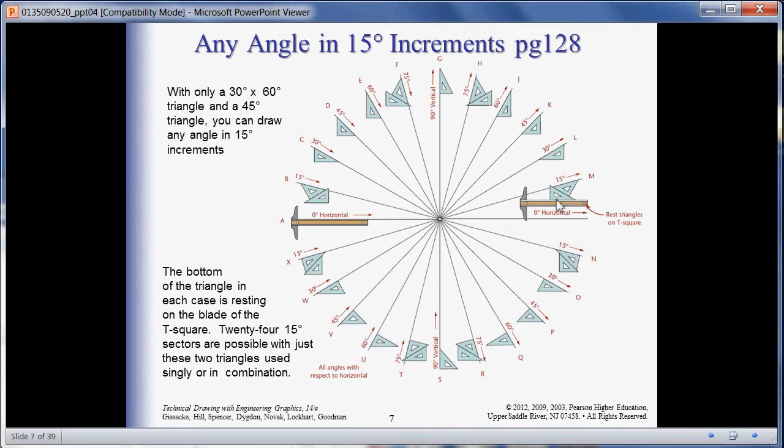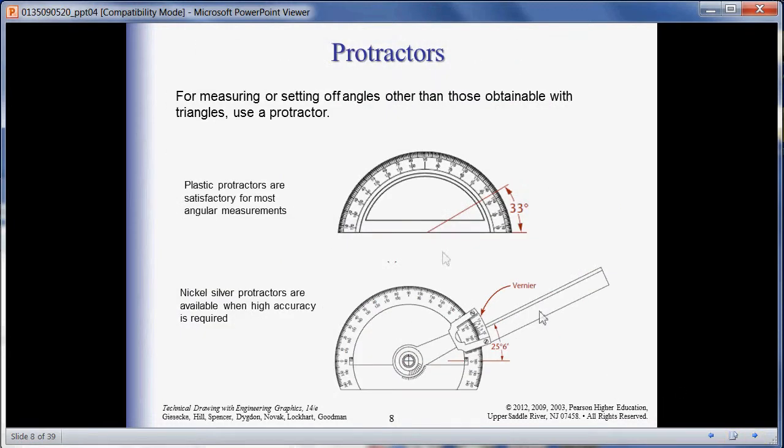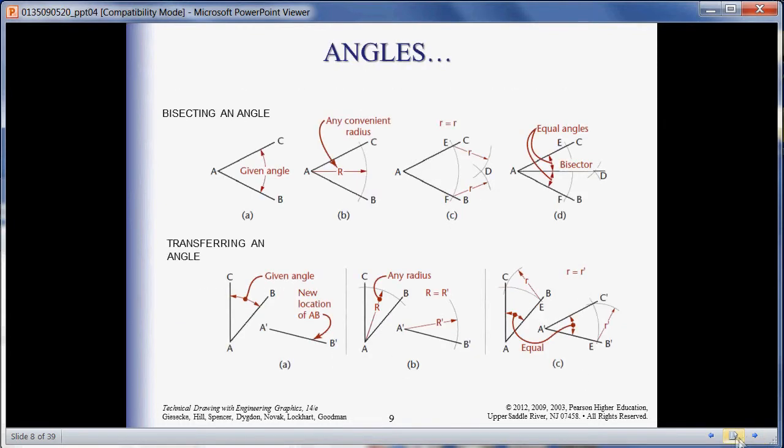In this case, you are taking the 45-degree triangle and subtracting out 30, which would leave you with 15 degrees. Then you can work your way around there. So it's a handy way to remember how to create different angles with just two triangles. Or you can do it using your protractor. Or on professional manual drafting machines, they had these angular measures that we used to use.